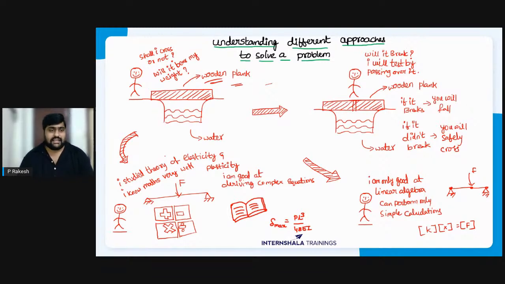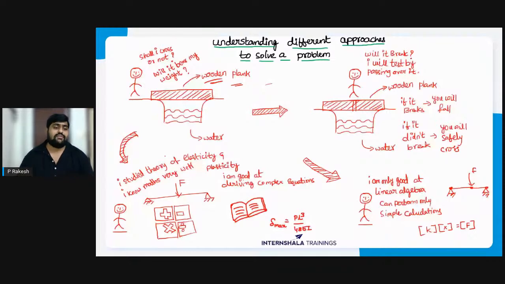Whatever the technique, finite element method or CFD, you people might have heard of CFD, or you might have heard of FDM, all these methods come under what are known as numerical approaches. Remember, the main difference between the analytical approach and the numerical approach is that in the numerical approach we can apply it to any complicated system, but the analytical method is very difficult to apply to complicated systems.